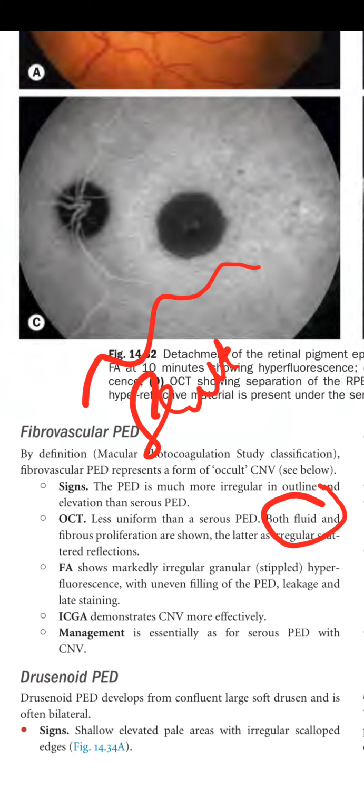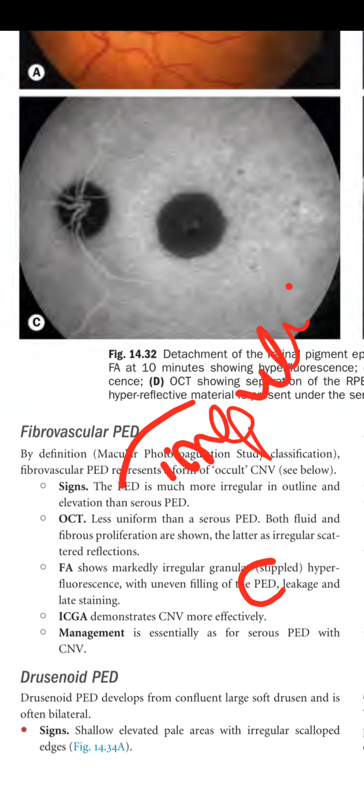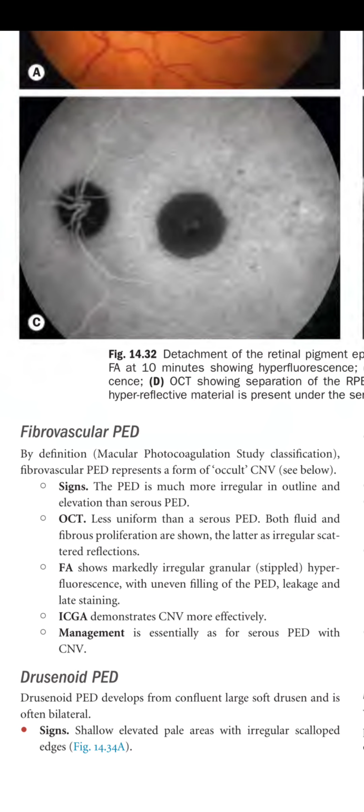FA shows markedly irregular granular stippled hyperfluorescence with uneven filling of the PED, leakage and late staining. So the fluorescein angiography will show us irregular hyperfluorescence, uneven filling of the PED, leakage and late staining. ICGA demonstrates CNV more effectively. Management is essentially as for serous PED with CNV.